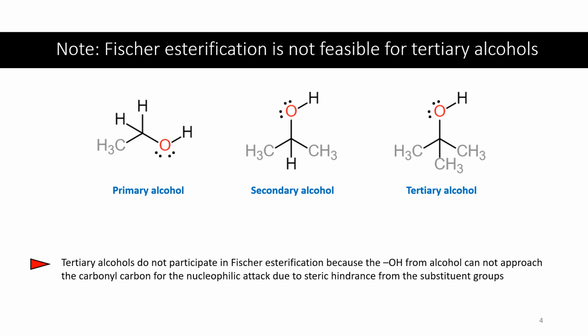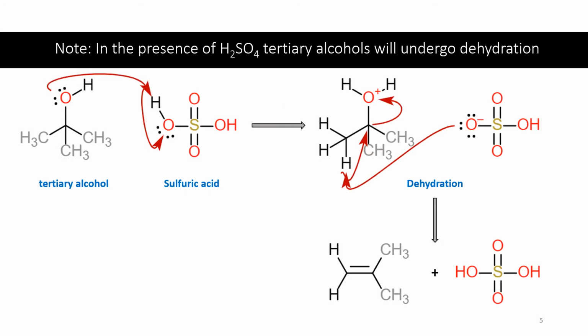So you'll have to remember that Fischer esterification is not feasible for tertiary alcohols even when it's mixed with sulfuric acid.